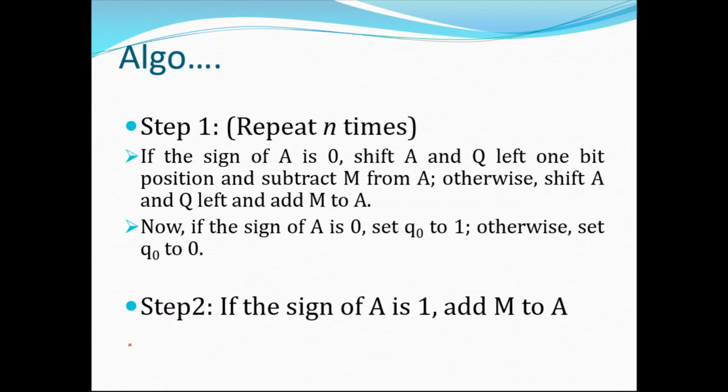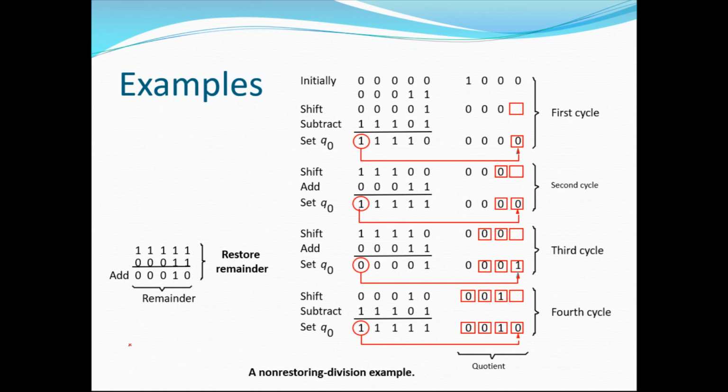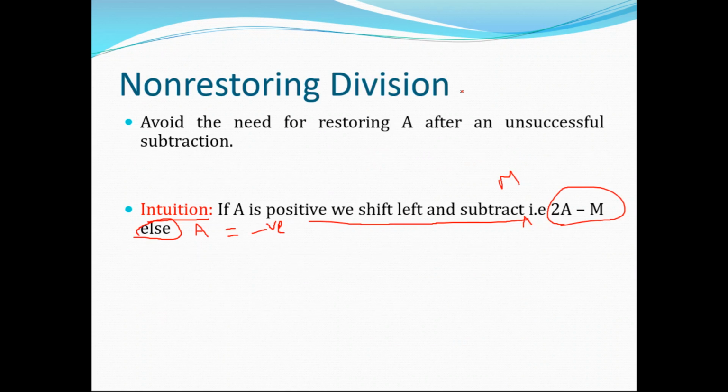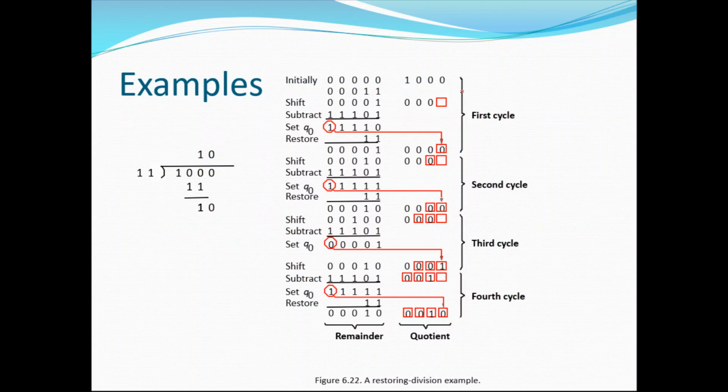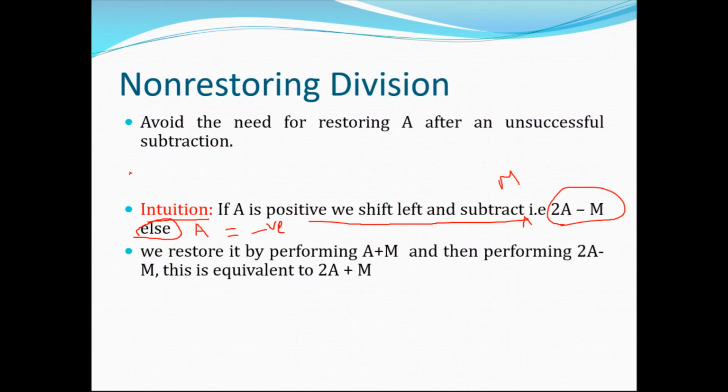Okay, fine. So let us see that version also. Initially this is a, filled with zeros, okay, and this is q. If you go back to our example, q is this 1000, the dividend, and the divisor is 0011, right?